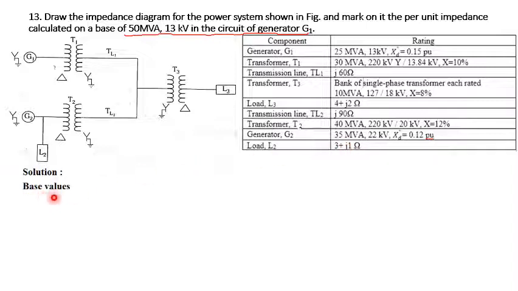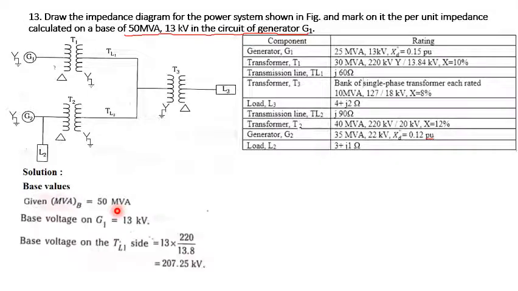So we have to first calculate the base values. In the numerical, what they have mentioned is that 50 MVA is the base. So the given MVA base is 50 MVA. Then the base voltage is also given, it is 13 kV. Once that is done, we have to calculate the transmission line voltage, that is TL1.